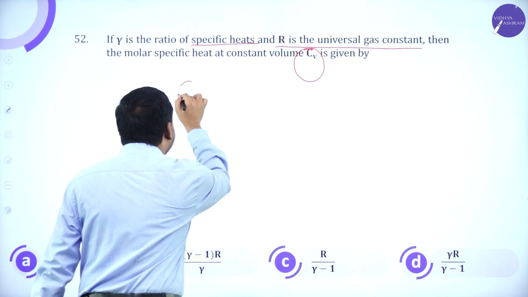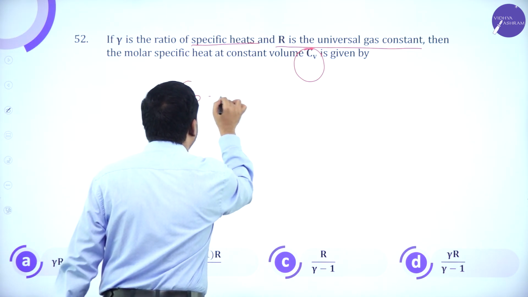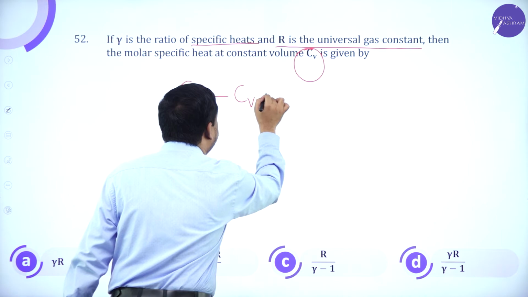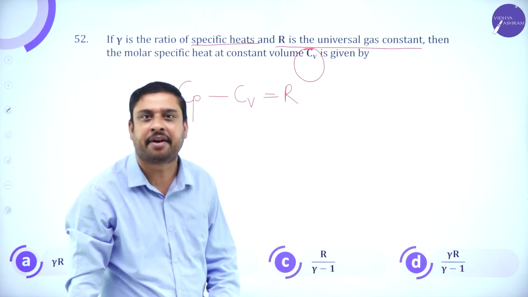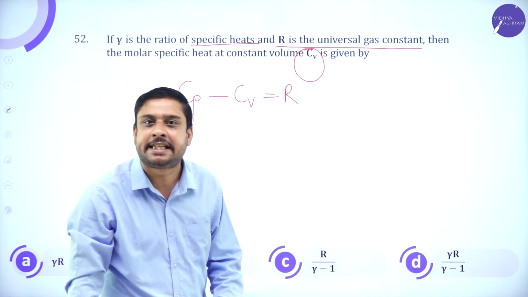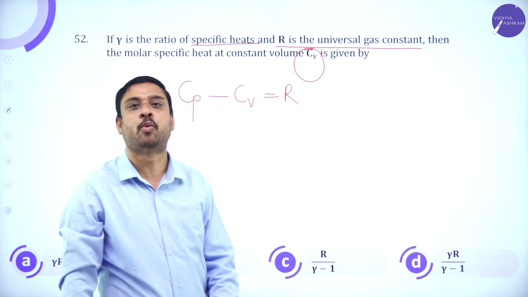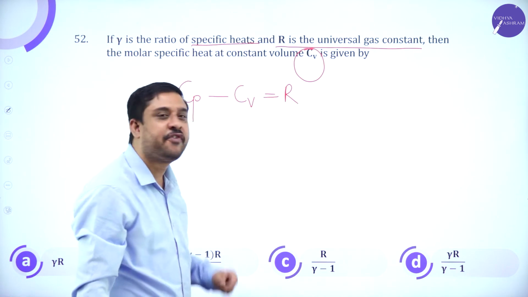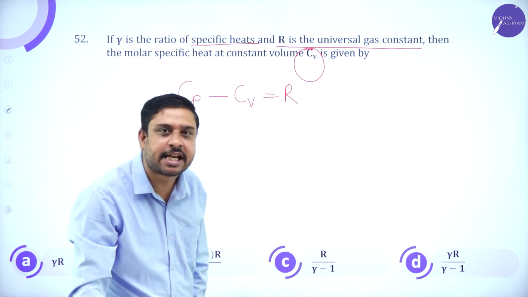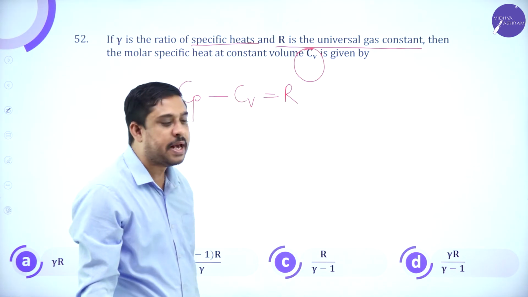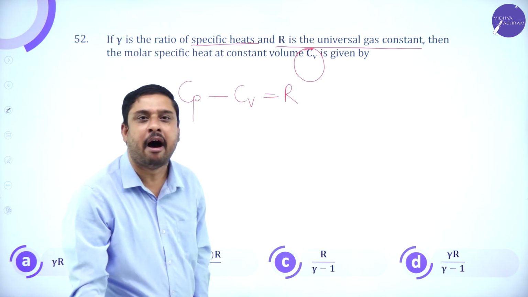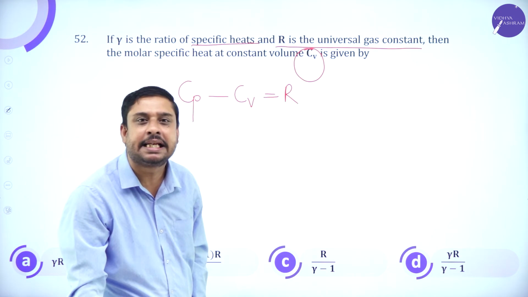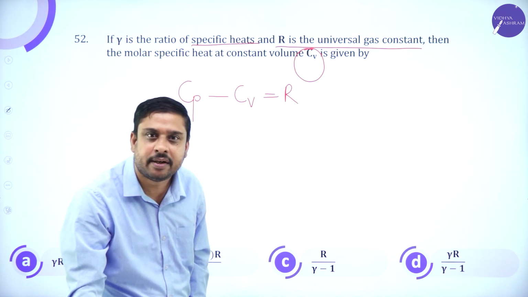Yes, Mayer's equation. Cp minus Cv is equal to R. Specific heat at constant pressure, specific heat at constant volume and universal gas constant.